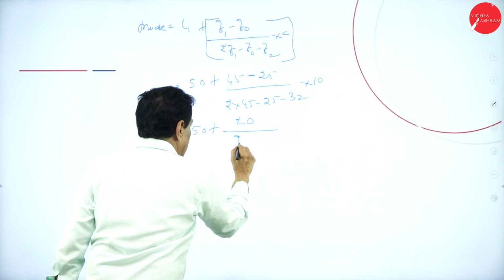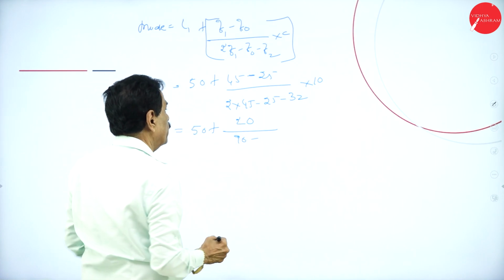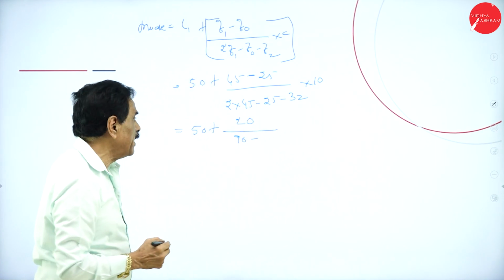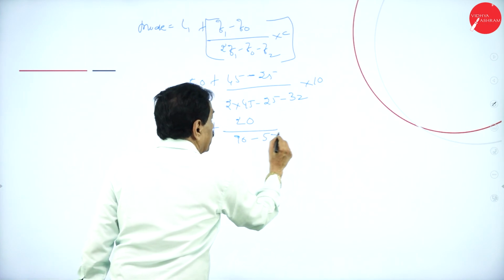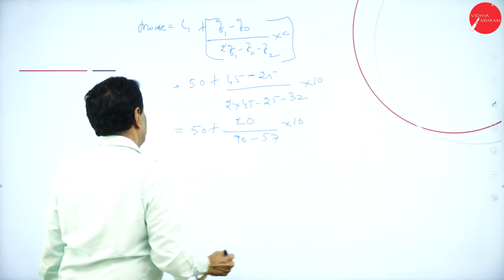Numerator 45 minus 25 is 20. Denominator: 2 into 45 is 90, minus 25 minus 32, which is 57. Your class interval is 10.